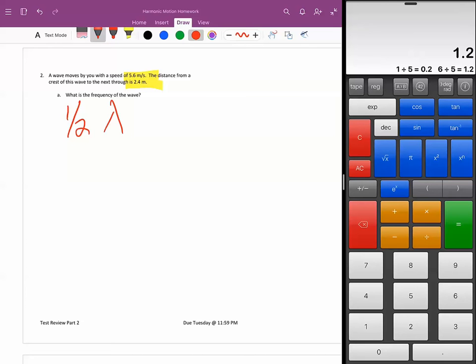So 2.4 times 2 is 4.8. This is your lambda or wavelength.